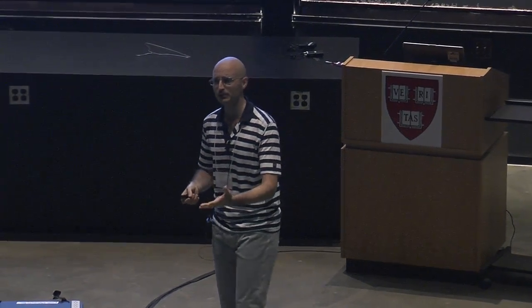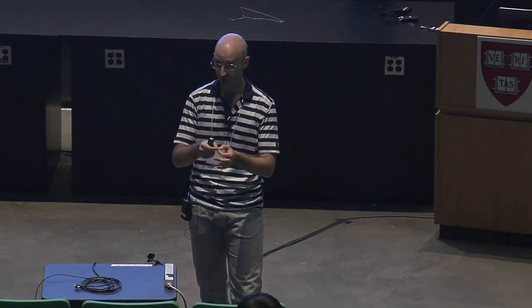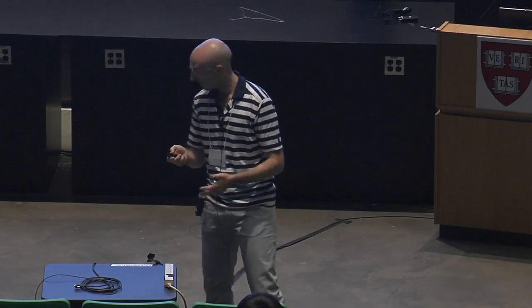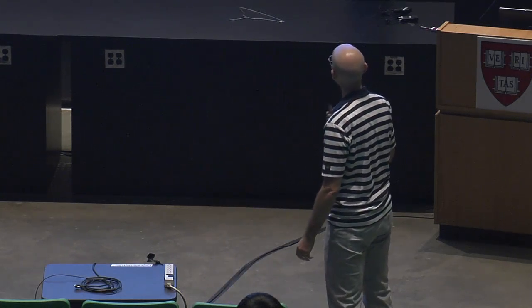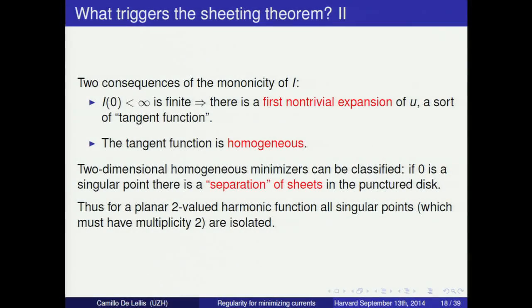Now, if you think about being in 2 dimensions, once the function is homogeneous and it's minimizing a certain quantity, you actually reduce to a minimization of a functional in 1 variable. So you actually finally study an ODE, which means that in 2 dimensions, you can actually study the blow-ups, if you want, which you gain by this monotonicity of the frequency function. And you can classify them.